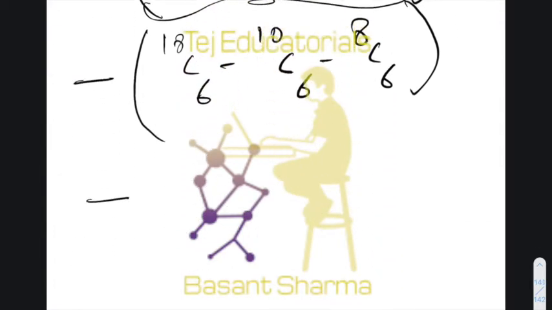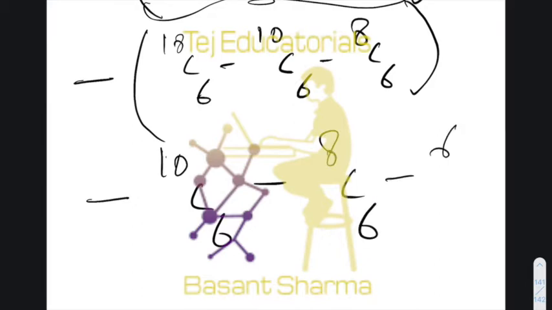Now you have the last cases, which are no American and no Israeli selected, when two nationalities are missing. So you have to select all the 6 people from the Indians itself, so 10C6 minus, similarly, when all Americans are there, minus when all Israelis are there.